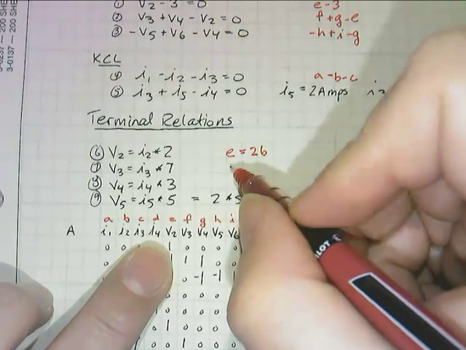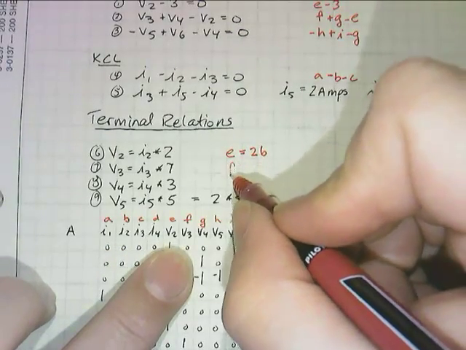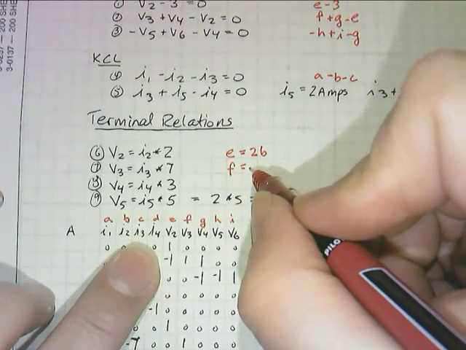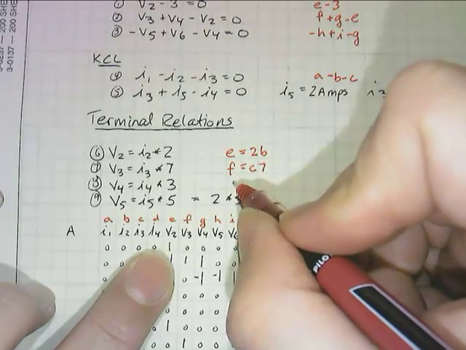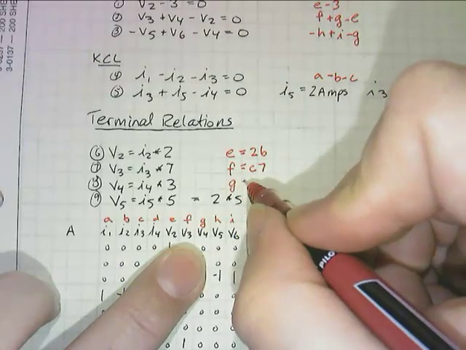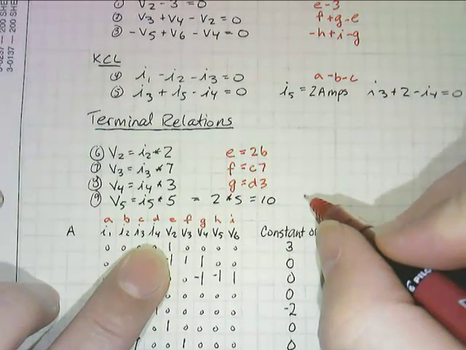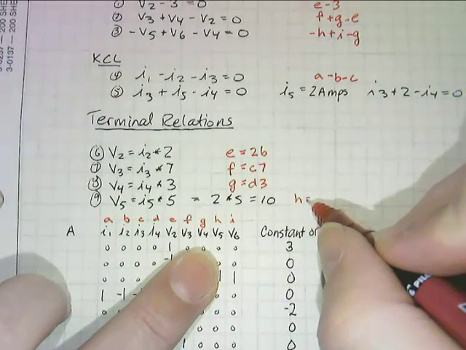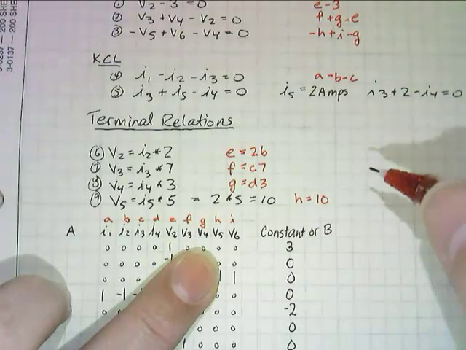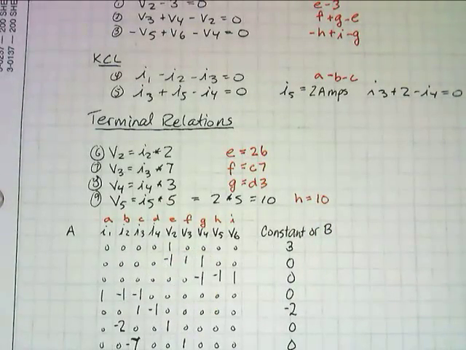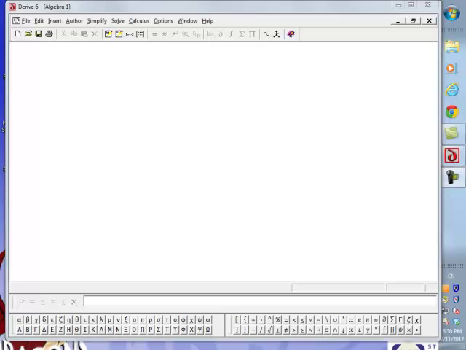This one's going to be V3, F equals 7C. This one's going to be G equals 3D. And then this one's going to be H equals 10. Okay, and now I'm going to save this and get into Derive.